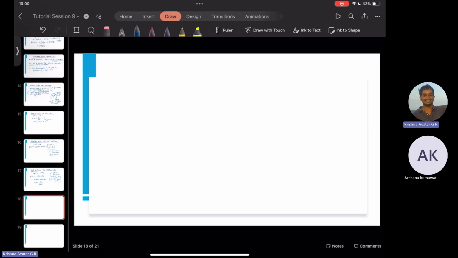So week 8, what was taught in week 8, right? In week 8, we were discussing the relation between the work done on the input side and the work obtained on the output side, isn't it?